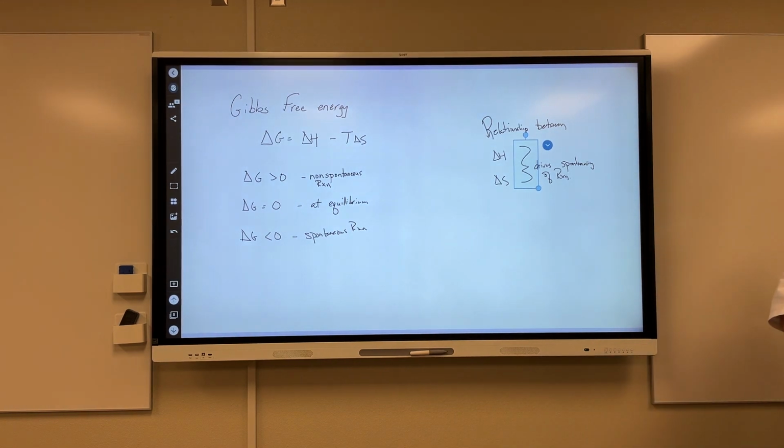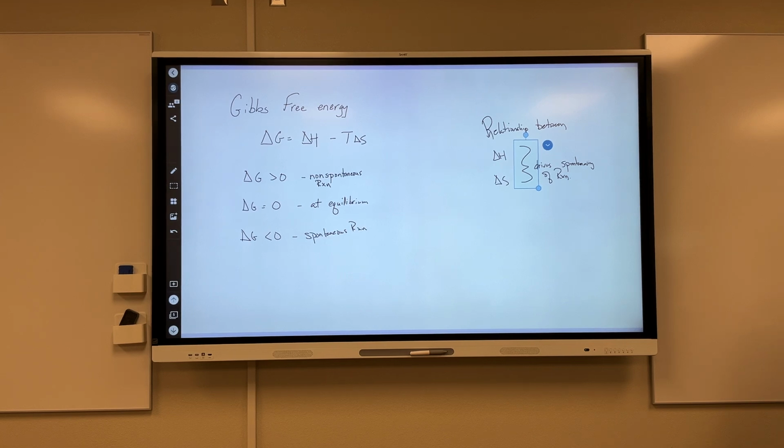So just because it's an endothermic reaction, or just because it's an exothermic reaction, that doesn't drive its spontaneity. It's an entropy and an enthalpy relationship. And that relationship is the Gibbs free energy.